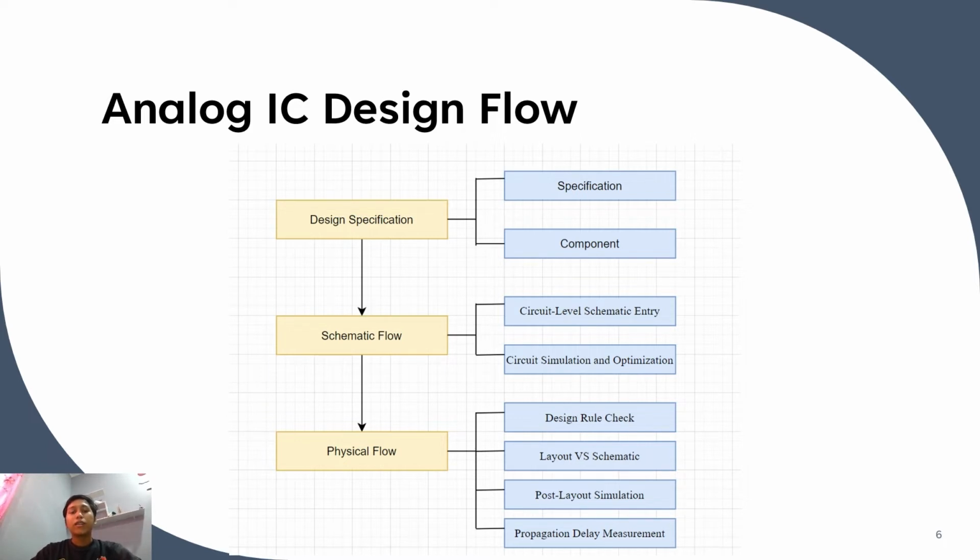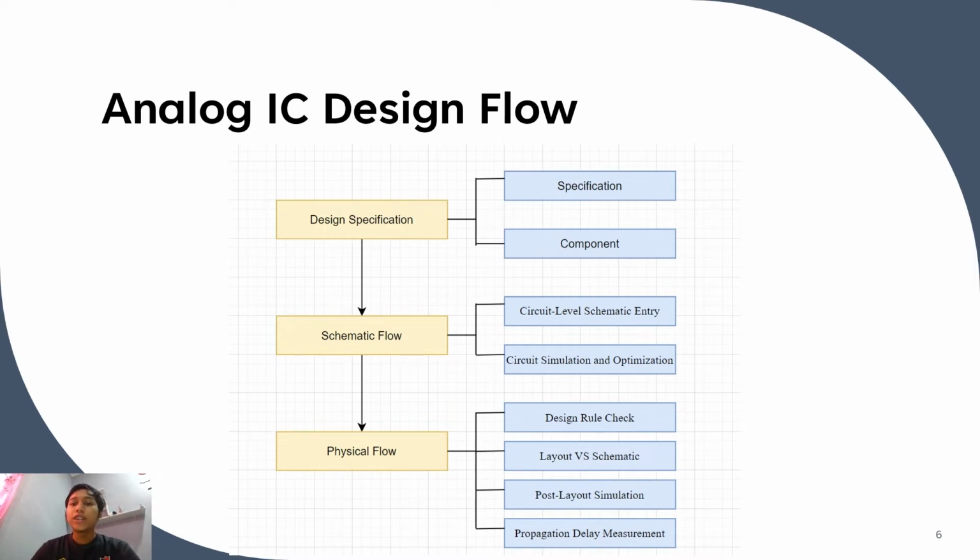Specification is a set of requirements which should be met and hold true across all possible operating conditions. For the component, we chose to characterize the negative level D-Latch. The schematic flow has circuit level schematic entry, circuit simulation, and optimization. For circuit level schematic entry, we draw the circuit schematic and show a component level view of the electronic design.